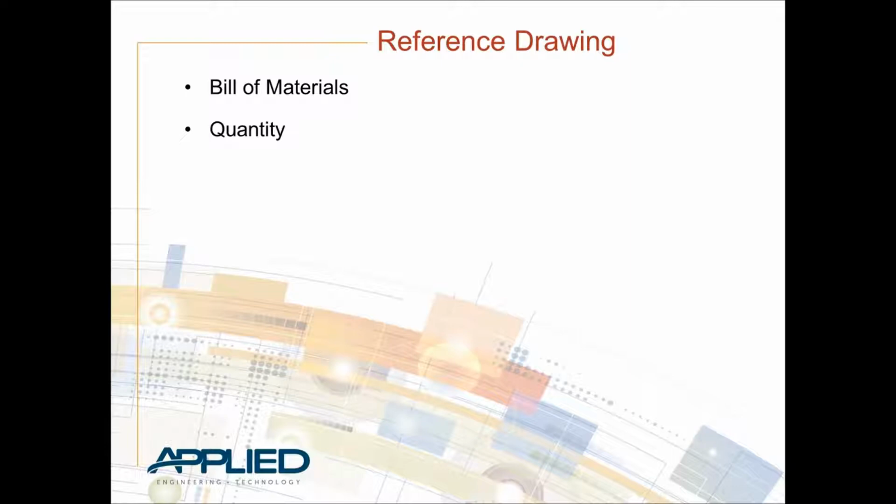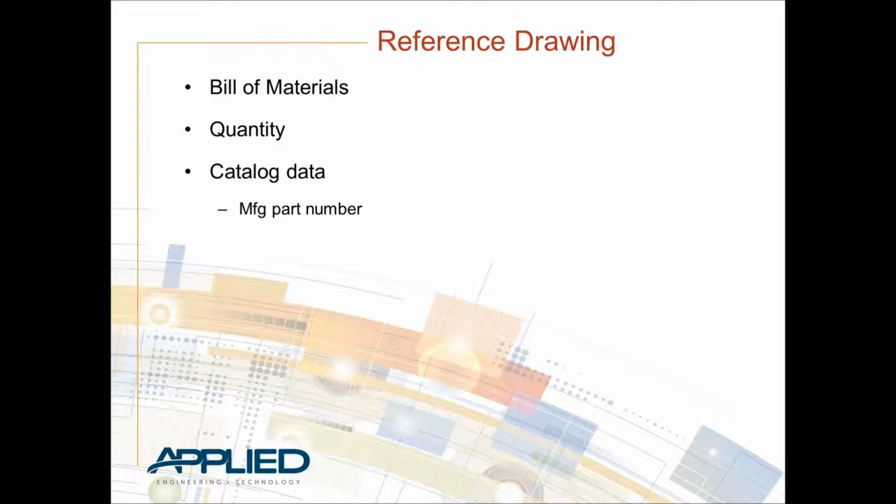Reference drawings, there's a variety of reports and information that can be contained within the reference drawings. Bill of material, quantities of components, so that you can generate a bill of material report, and the person in charge of ordering the components for that cabinet or that enclosure knows what to order and how many of each one to order.